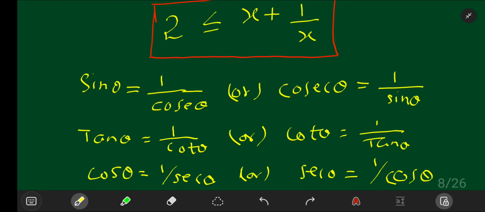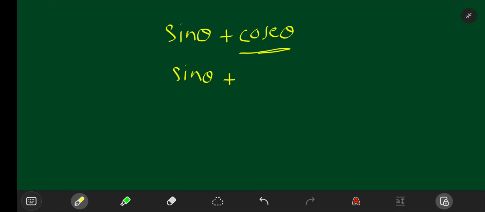Now, in the first class, these reciprocal values we have already discussed. These are reciprocals of trigonometric ratios. Already we have learnt. Now the questions are asked like this: sin theta plus cosec theta, find its minimum value. Here, cosec theta means 1 by sin theta.